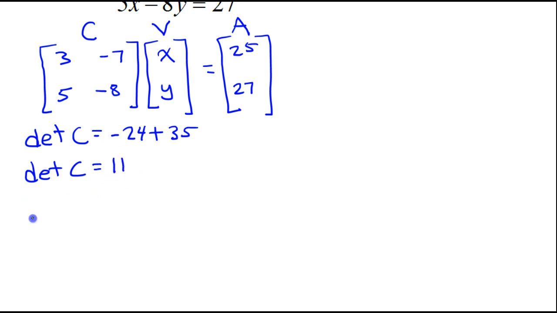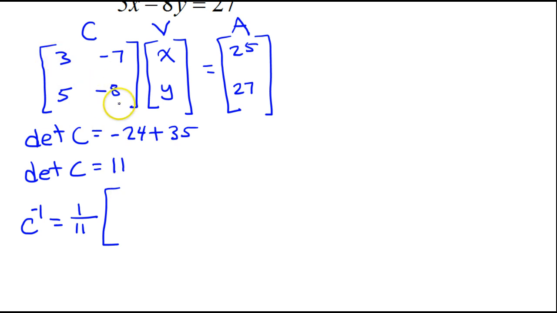Now, this puts me in a position to find the inverse of matrix C. The first step of finding the inverse is to write the reciprocal of the determinant. So that's going to be 1 over 11. And then you multiply that times the reverse negate matrix. Reverse negate.